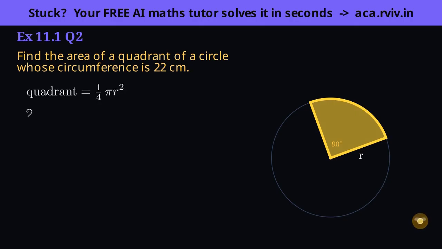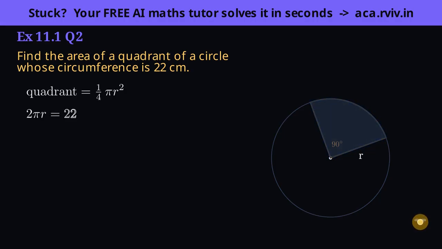The question gives the circumference instead, and circumference is 2 pi r, the distance once around. We're told that equals 22, so we have an equation we can solve for r. Put in pi as 22/7. We choose it here on purpose. The 22 on the right is going to cancel the 22 in 22/7, which is no accident.